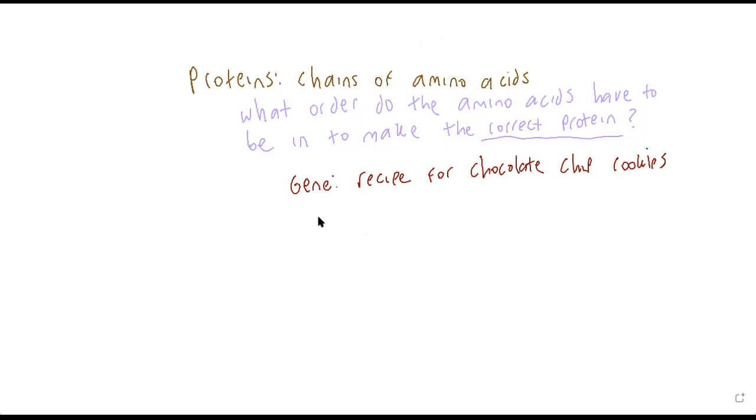So if the gene is the recipe for chocolate chip cookies, the amino acids are the raw ingredients. You have these ingredients in your cupboard, just hanging out there.